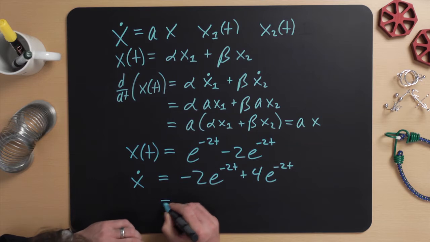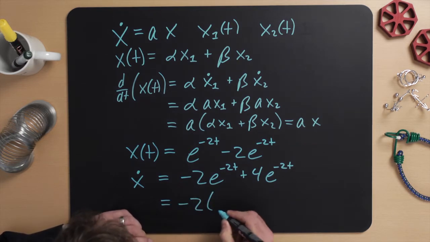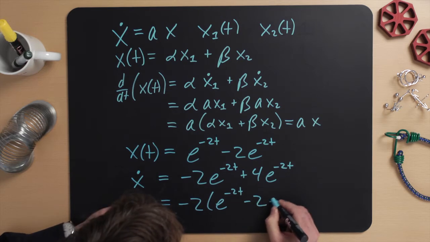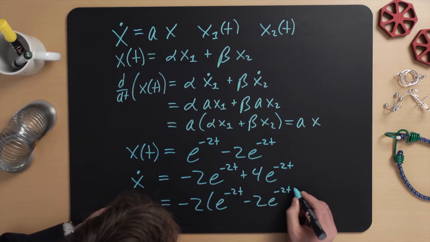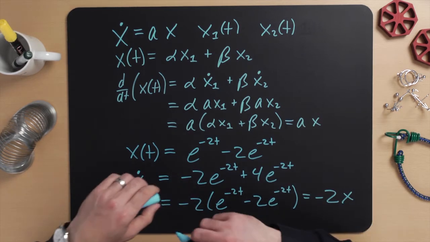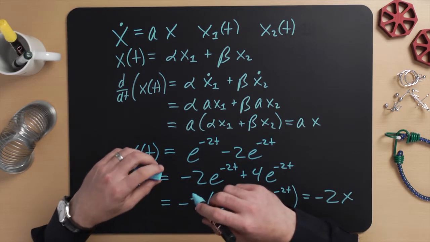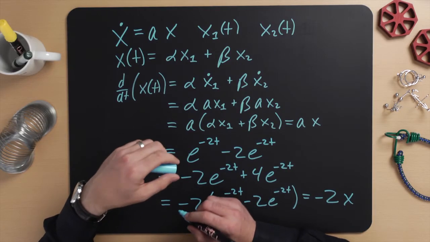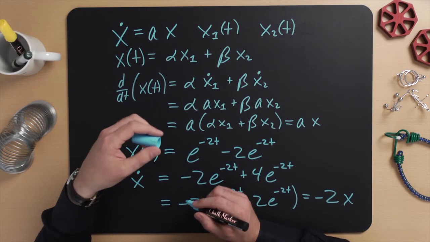But this is equal to minus 2 times e to the minus 2t minus 2 e to the minus 2t, which is equal to minus 2x. So x really does solve the differential equation. We can do the same thing with x of t equal alpha x1 of t and find that this also solves the differential equation.